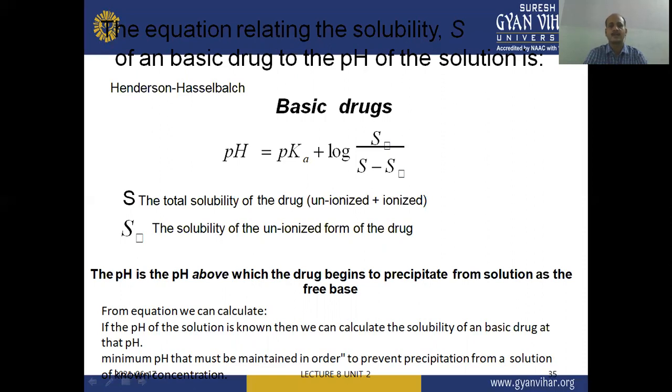The Henderson-Hasselbalch equation for basic or alkaline drugs provides similar information. If the pH of the solution is known, we can calculate the solubility of a basic or alkaline drug at that pH, and the minimum pH that must be maintained in order to prevent precipitation from a solution of known concentration.